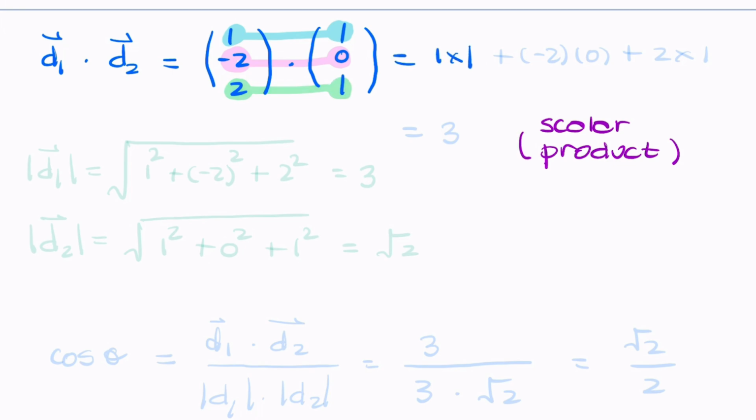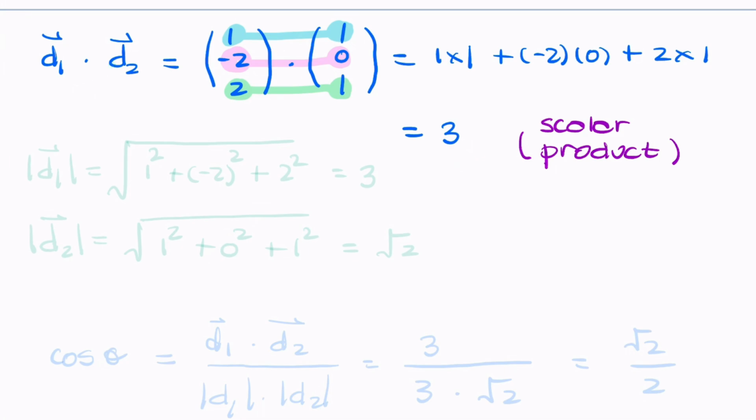So it's 1 times 1 plus negative 2 times 0 plus 2 times 1. So that will give you 1 plus 2, which is 3. So that's your numerator, d1 dot d2.